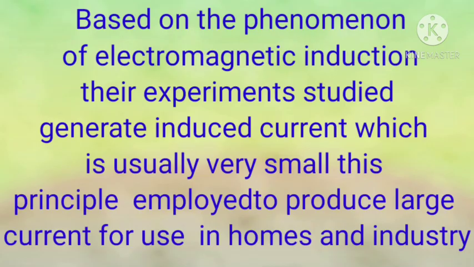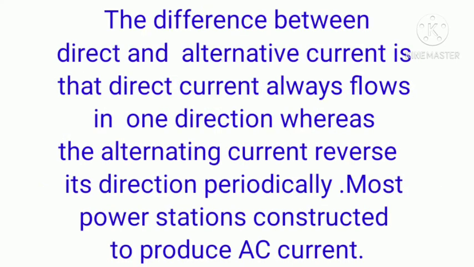Based on the phenomenon of electromagnetic induction, experiments generate induced current, which is usually very small, and this principle is employed to produce large current for use in homes and industry. The difference between direct and alternating current is that direct current always flows in one direction, whereas alternating current reverses its direction periodically.